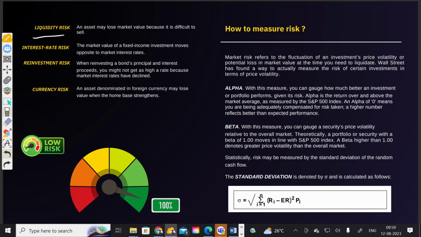At the time of buying, when you were investing, there was enough liquidity in that particular stock, but now let's say there is no liquidity. The reason is that the company has found some scandals, and that's why you're not able to sell that particular stock in the market. So that becomes your liquidity risk.